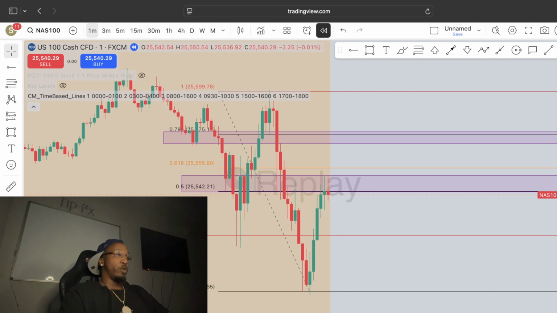Now we have our first bearish candle being made, and we have wick rejection. Wicks mean exhaustion. Anytime you see wicks, usually price is exhausted and it goes the other direction.